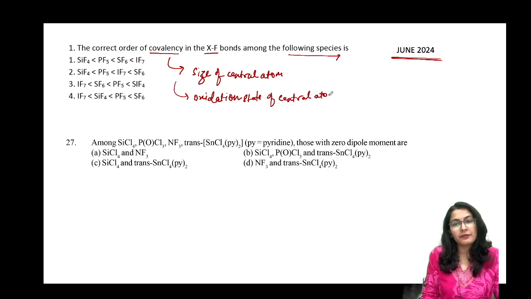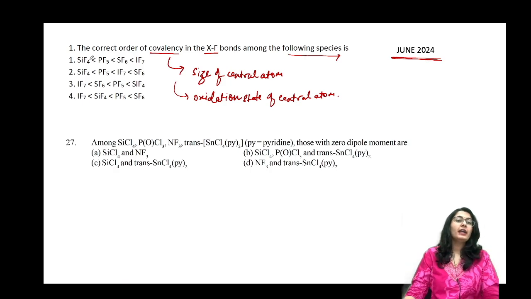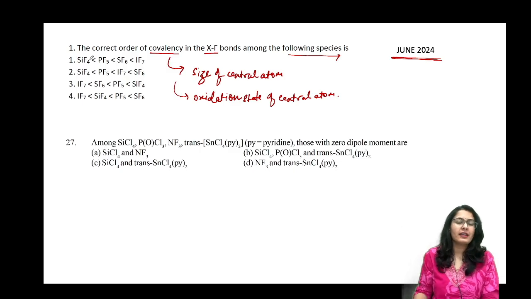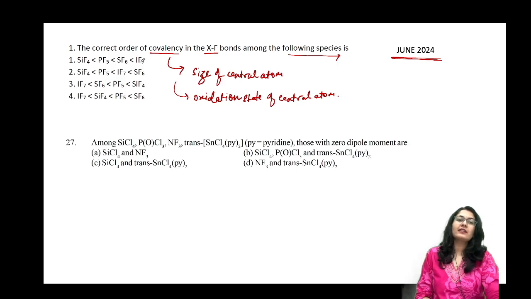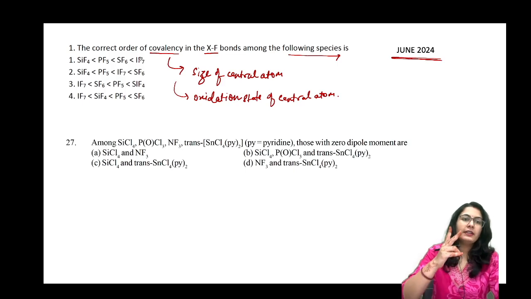That means if I am talking about group 14 to group 14, 15, 16, 17. Group 14 to group 17, the size is definitely decreasing. But here the last one is IF7. This is going down the groups, so the size is increasing. So I don't think that size is the only factor over here. There are two factors.